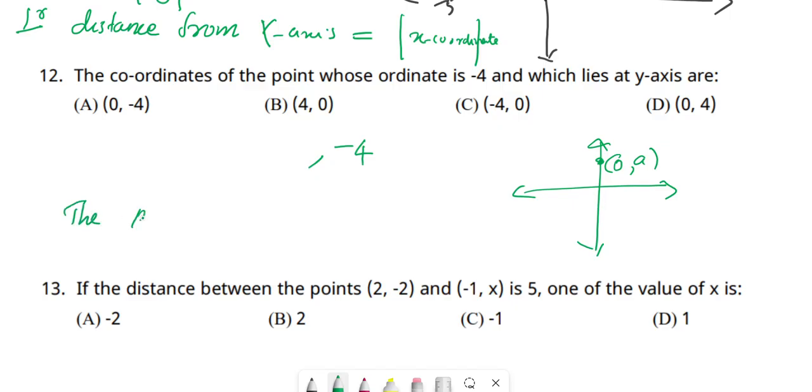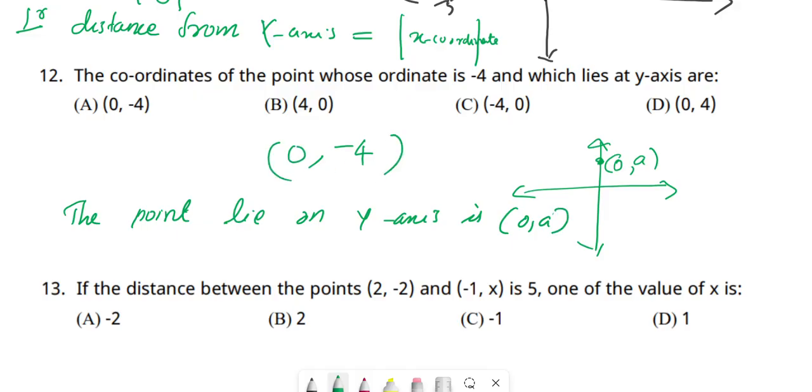The point which lies on the y axis is of the form 0, a, as we already discussed. So here it will be 0, -4. So 0, -4 means option A is the correct answer.